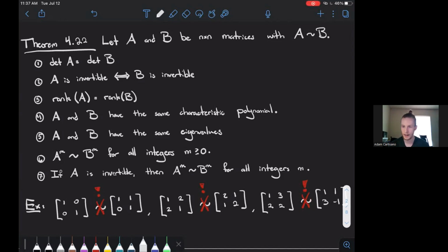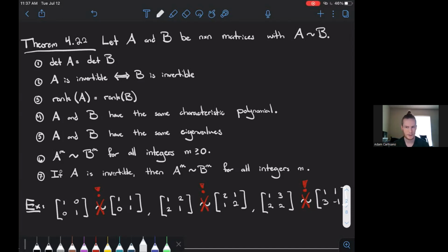They also have that powers of similar matrices remain similar. That's true for positive or negative integers. It's just that if you want to allow for negative integers, you have to also allow that A is invertible. But if A is invertible, then B is invertible, right?